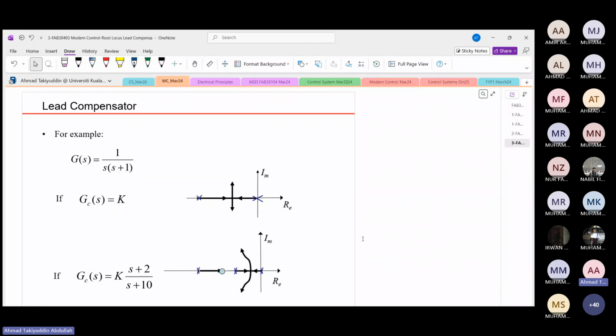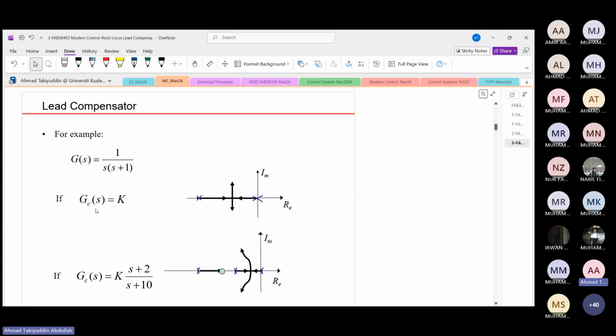So this is roughly the idea of how, using the lead compensator, you can improve the transient response. When we talk about the transient response, we are talking about the oscillatory part of the response. Let's say you have the equation Gs equal to 1 over s(s plus 1), so you have poles at 0 and at -1.